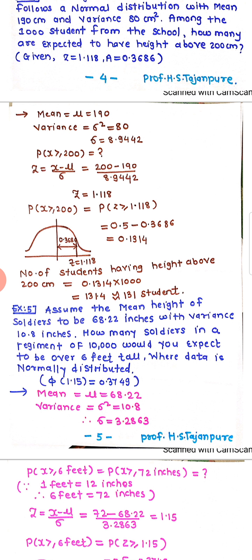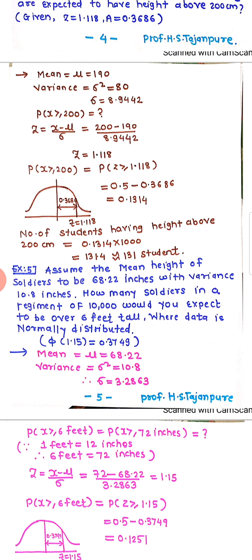It is the area which lies above 1.118, and hence the number of students having height above 200 centimeter is equal to 0.1314 into 1000, which is equal to 131.4, that is about 131 students.